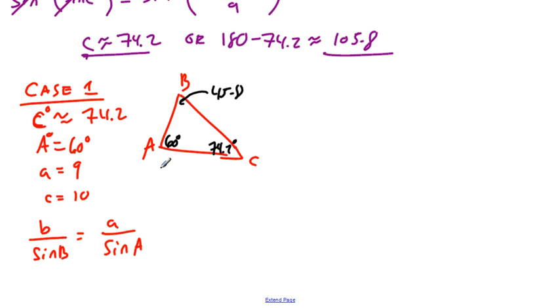Now let's plug this all in. My side b, I don't know. So I'm going to do b over sine of 45.8 is equal to lowercase a, which we know is 9, over sine of 60 degrees.